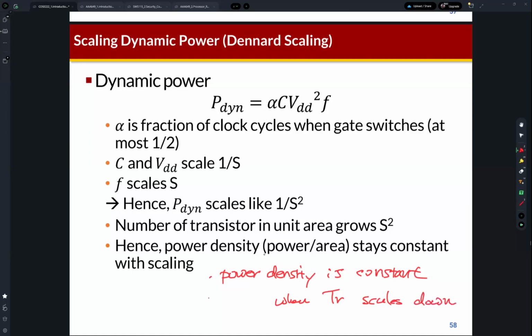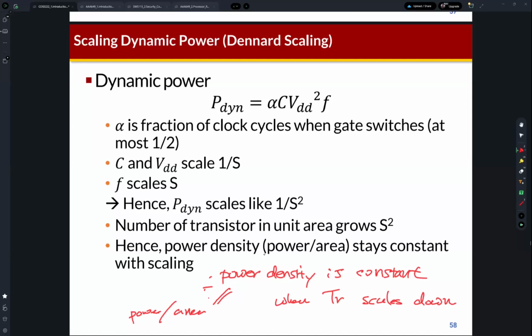Sorry, my writing is not good. So this is the Dennard scaling, the power density. Power density is the power consumption per area. So Dennard scaling means the power density is constant when the transistor size is reduced.